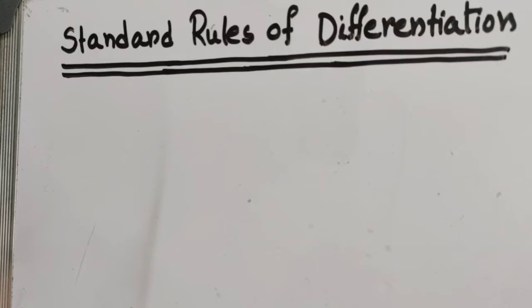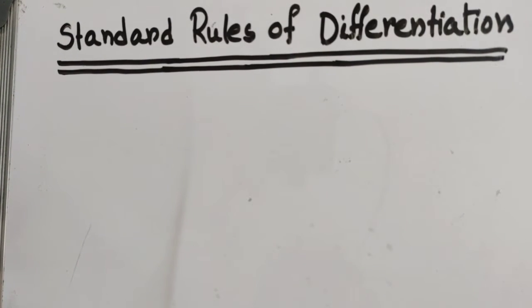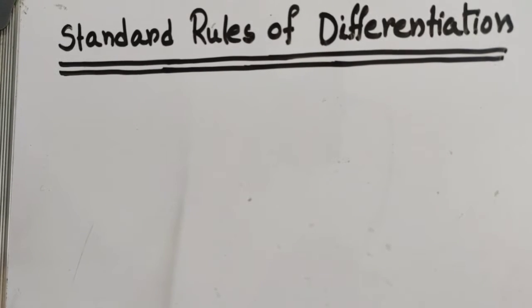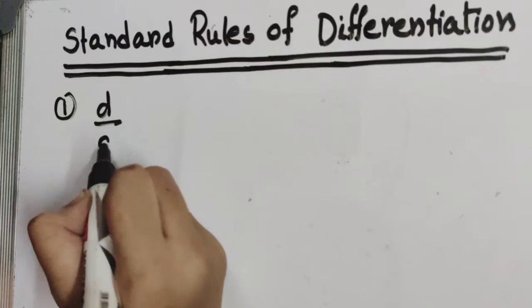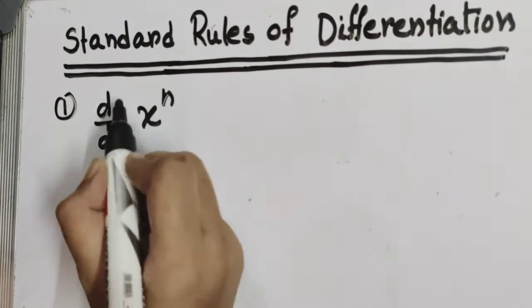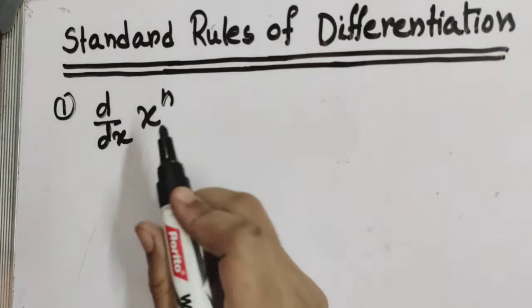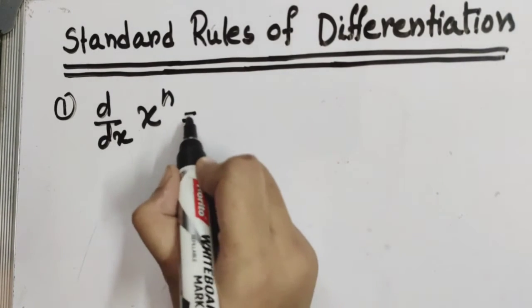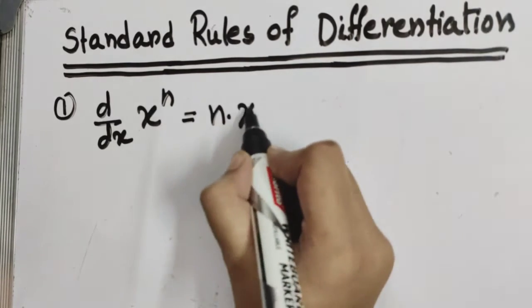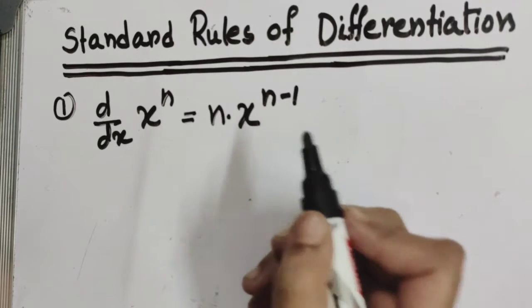So what are the rules? Rule number one is d/dx of x to the power n. What is d/dx? I have already told that in the previous video. The formula is n into x to the power n minus 1.